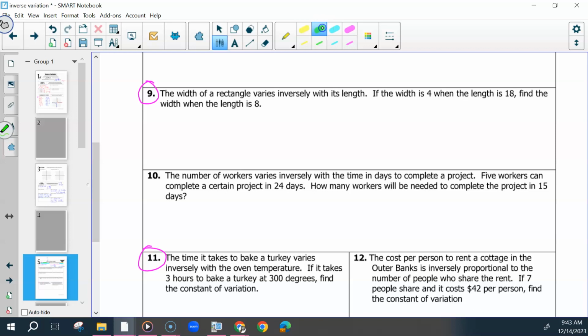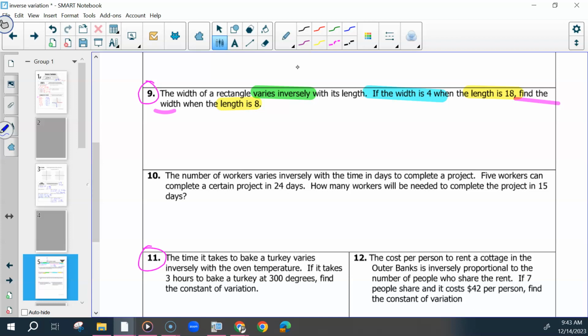Varies inversely. What else? The length is 18, and then we have to find it when it's 8. What else? The width is 4. What are we looking for? The width.